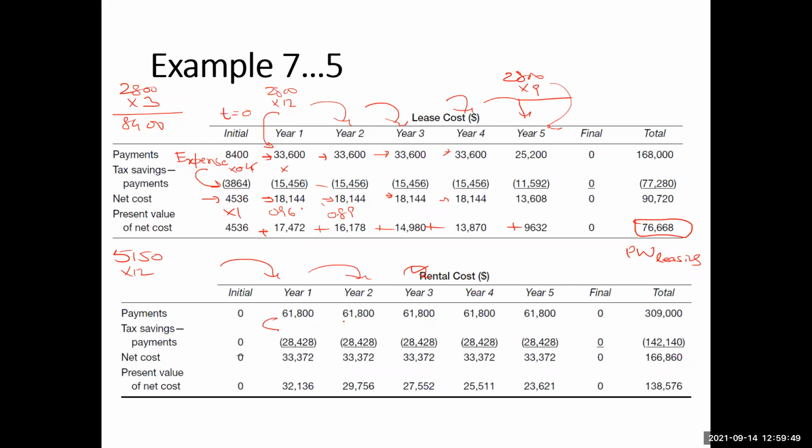The same calculations are performed here, and then you add up all these values and you get 138,576. That means if you rent it for 5 years, your present worth of cost will be 138,576. So in this case, the best option is to buy. Buy is the best option.